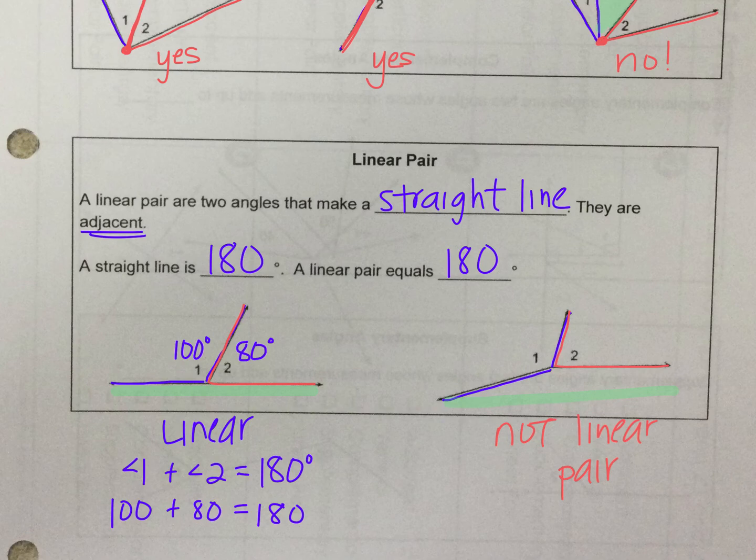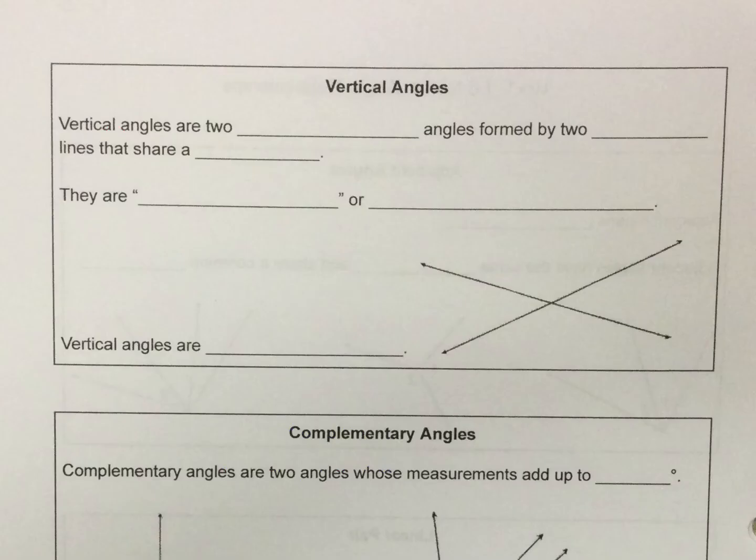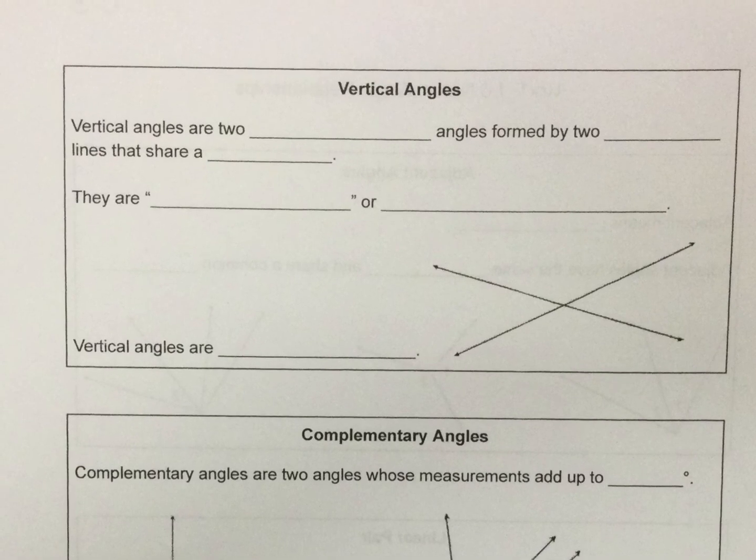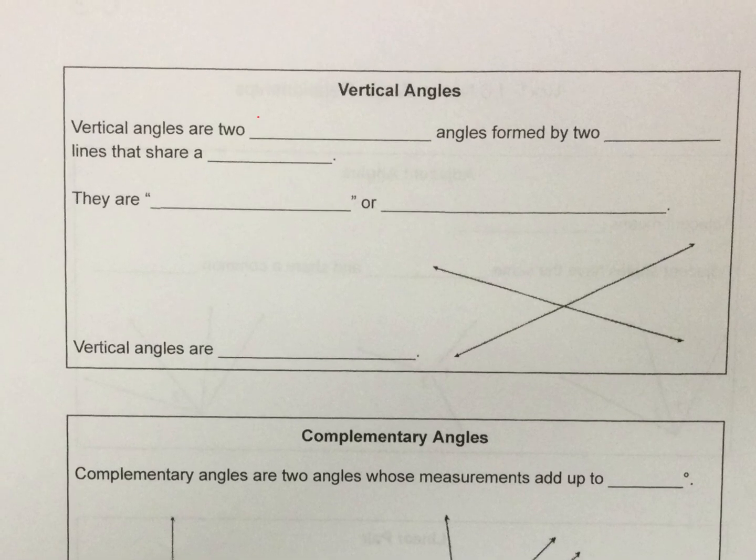Let's learn about 3 more words. Vertical angles are two non-adjacent, which means not touching, angles formed by two intersecting, crossing lines that share a vertex.